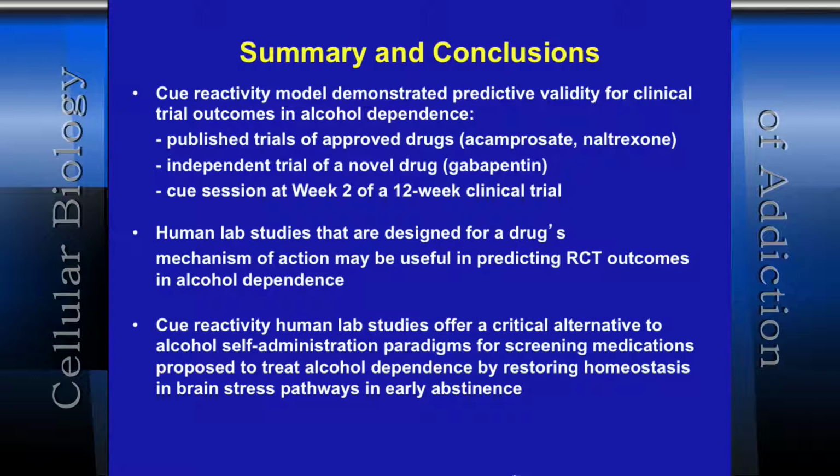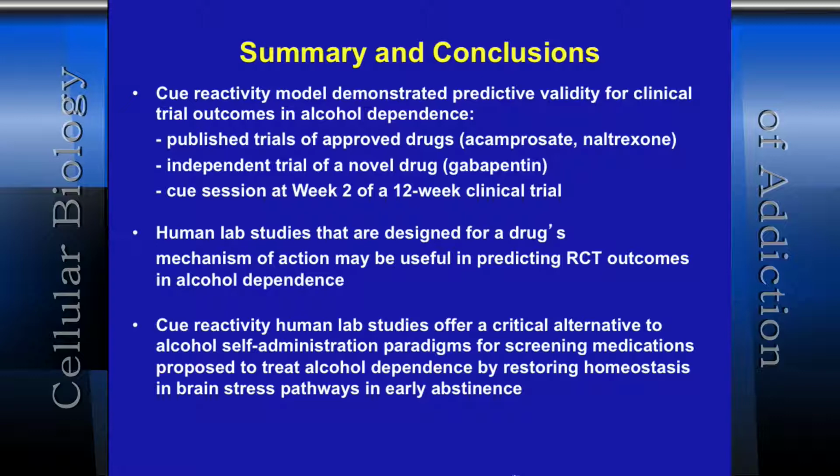And I think it's important to consider alternatives to alcohol self-administration. It has a lot of face validity in clinical trials of alcohol dependence. Well, let's see if it affects how much they drink.